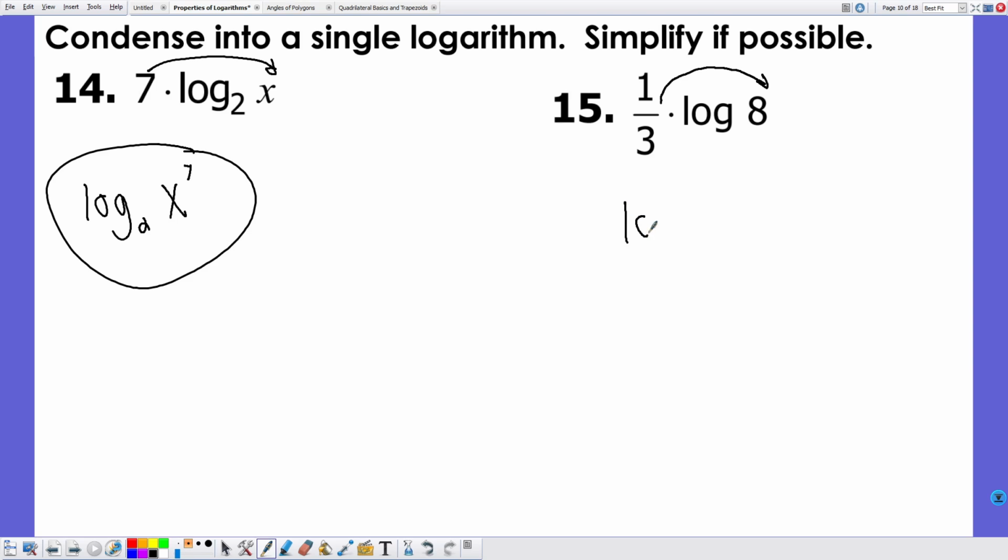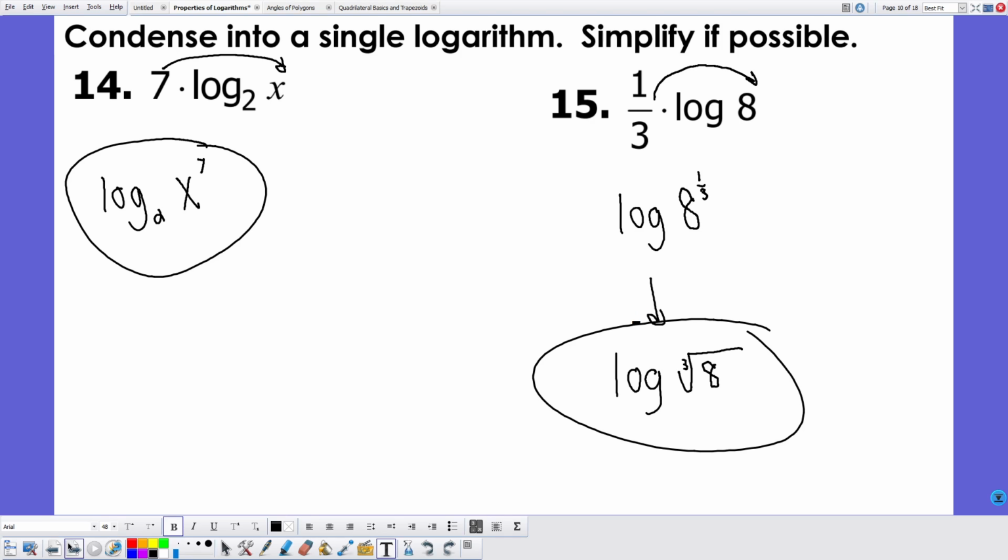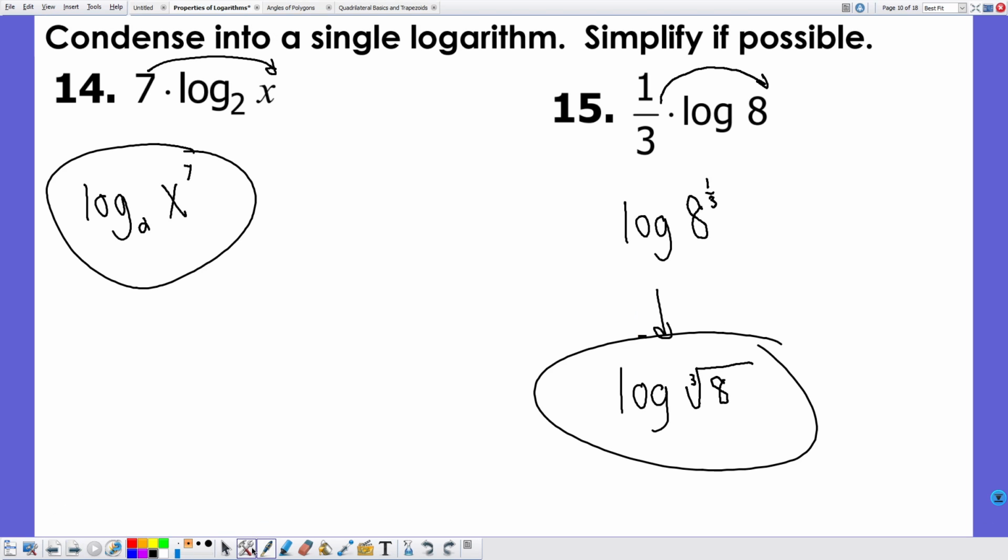So base 10, the common log of 8 to the 1/3 power. Or, more commonly, we would express this as log of the cube root of 8. So this is how we can simplify some of these problems.